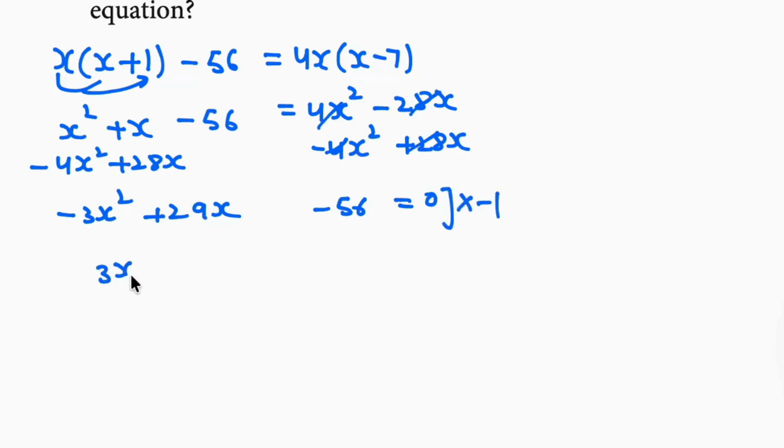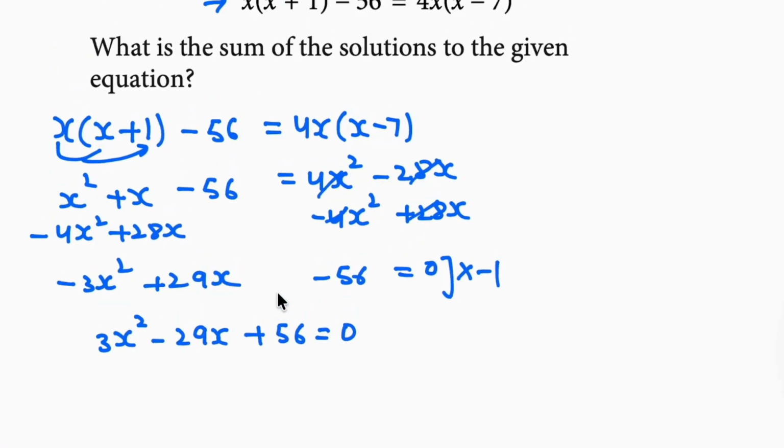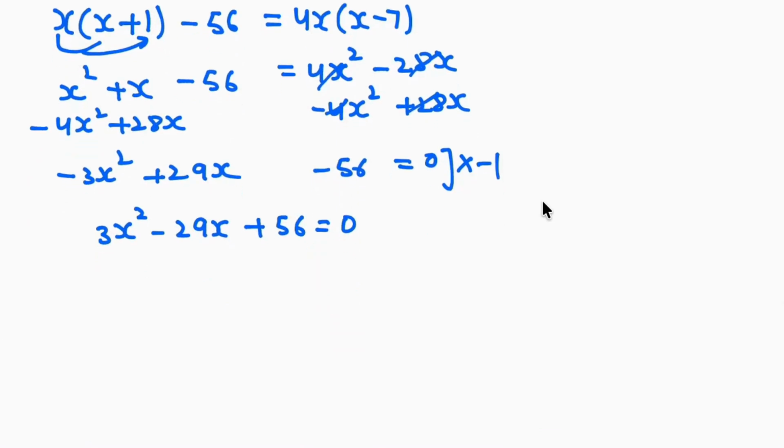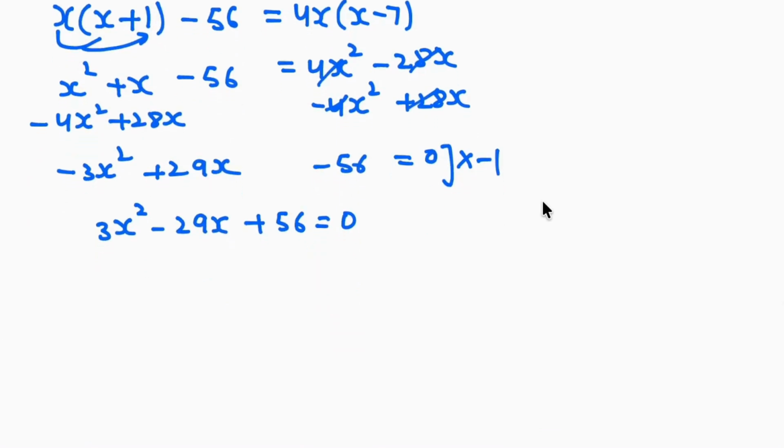So that will be 3x squared minus 29x plus 56 is equal to 0. Now, when the question is about the sum of solutions, solution always means it's an equation and we have to find the value of the variable. It's a quadratic equation, so we have to find the values of x and then take the sum of it.